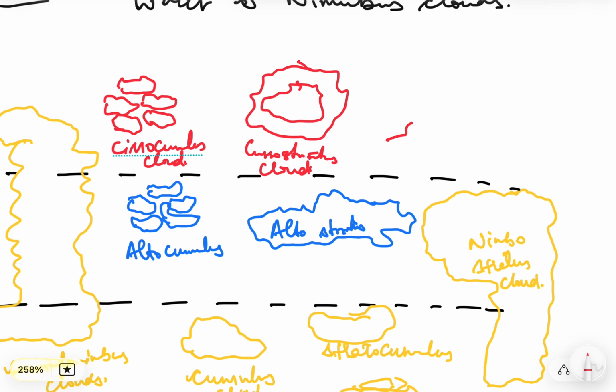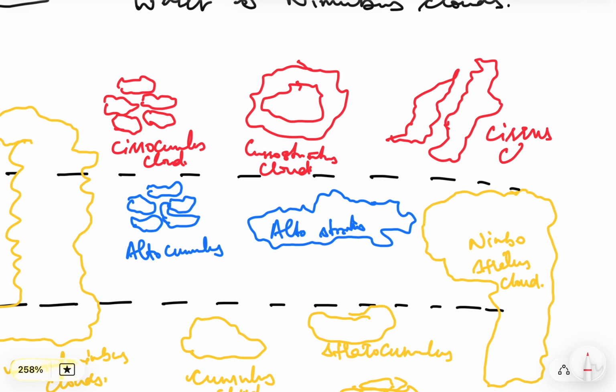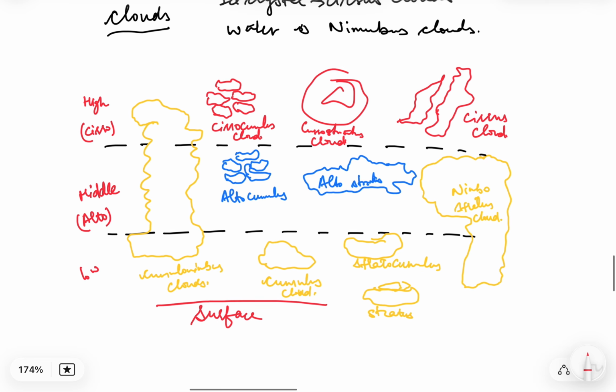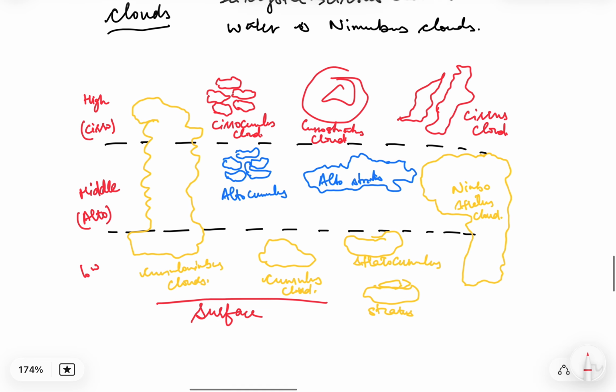And last we have the cirrus cloud. So these are the different forms of the clouds we have.